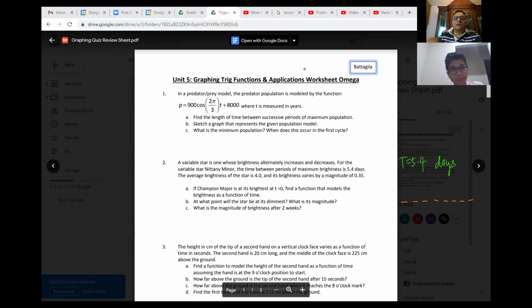So the average value is given to us as 4. And its brightness varies by a magnitude of 0.35, means it could go up by 0.35 or down by 0.35. You get the idea?